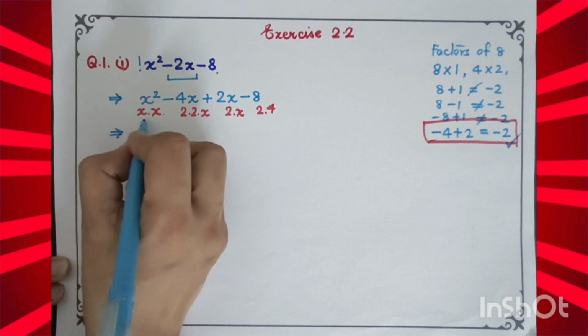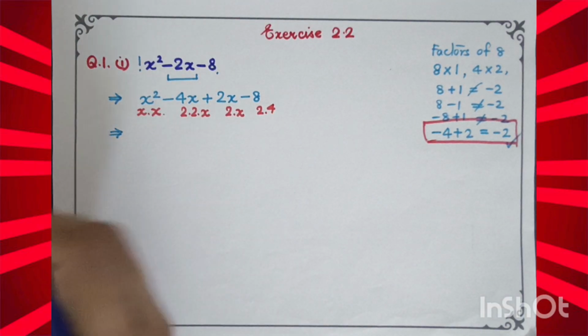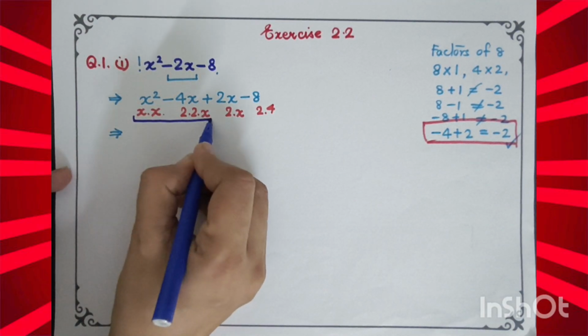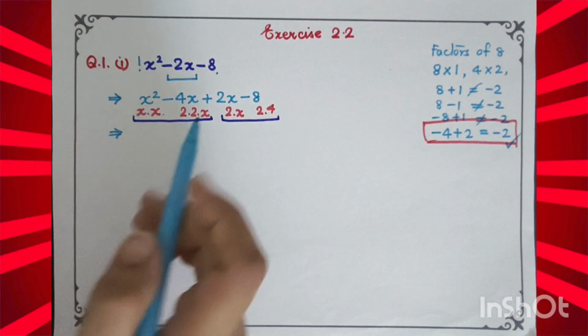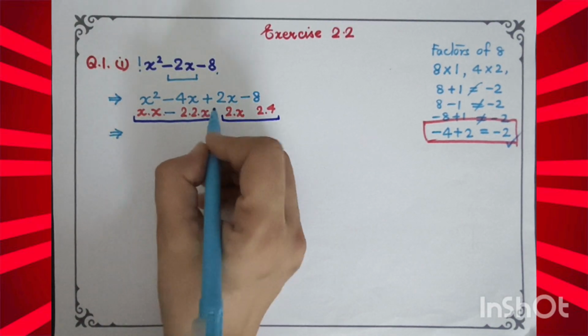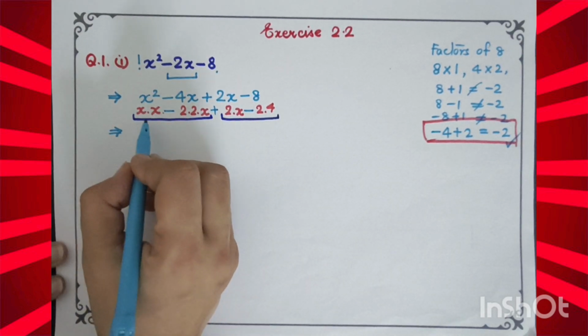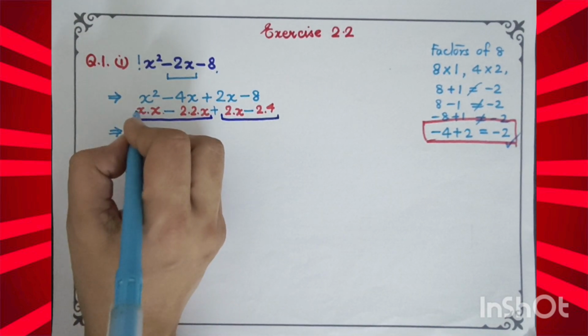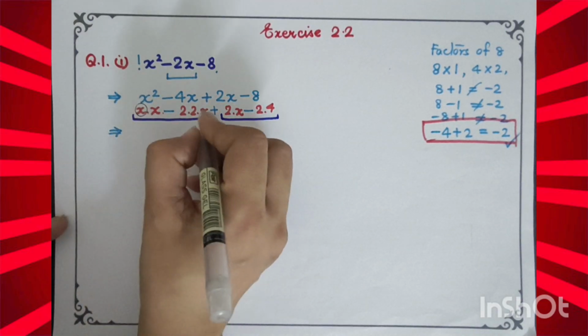Now we'll take whatever is common. x is common in the first and second terms. We have to pair the first, second and the third, fourth terms together, or whichever terms are having something common. Here we see that the first and second terms have x common in them, so that is what we are going to pick out.